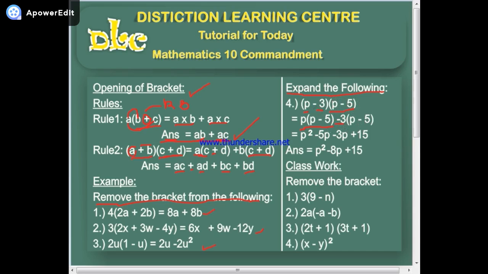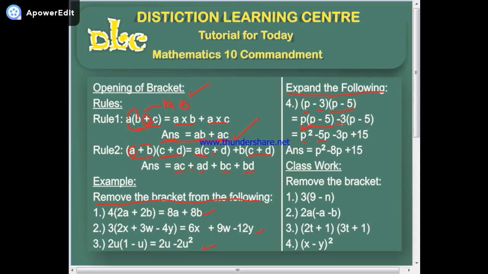So after doing that, you now use this p outside to remove the bracket here, which should be p times p. P times p will be p square. And p times minus 5 will give you minus 5p.